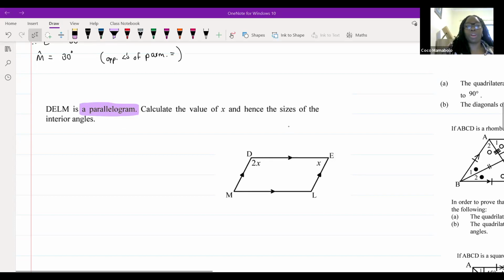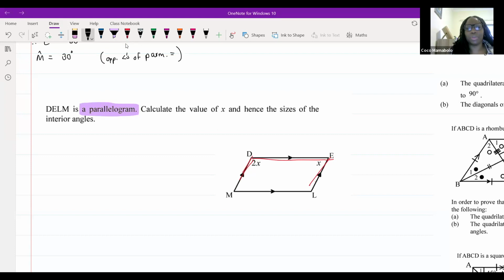All right. So we know that we have parallel lines because this is a parallelogram, right? We're going to have parallel lines. So I know that I can use fun angles. So I'm going to use the co-interior angles, parallel lines.